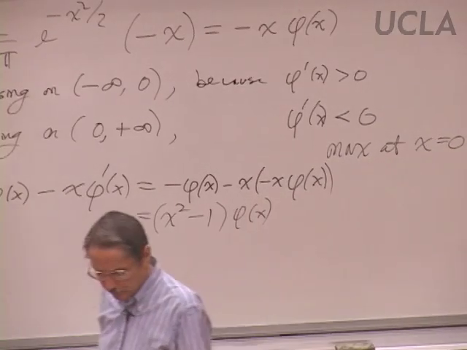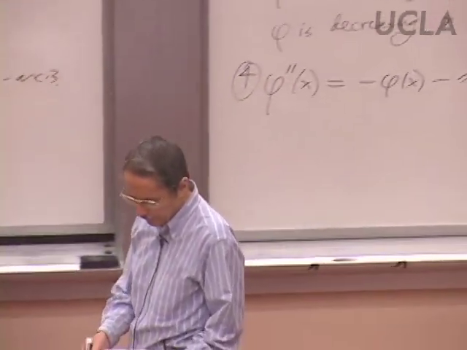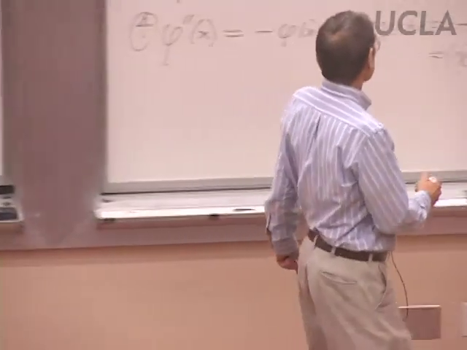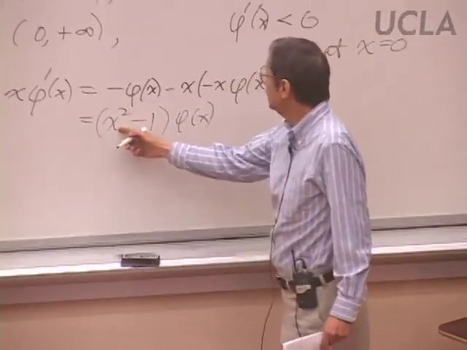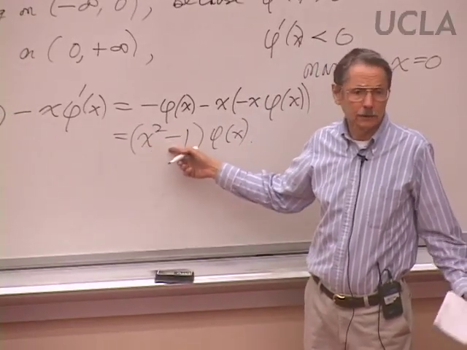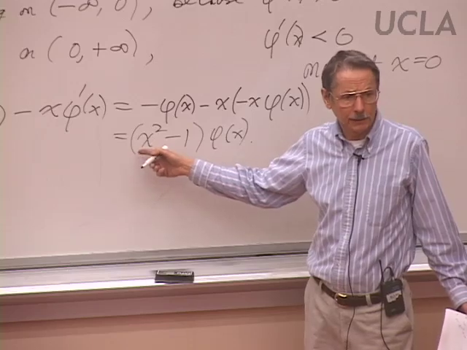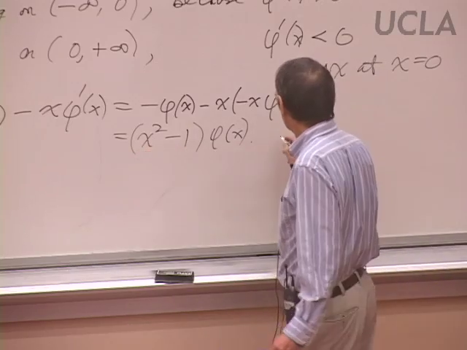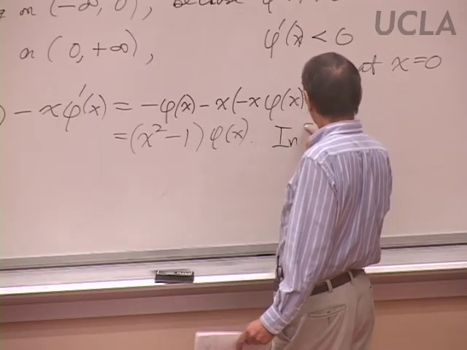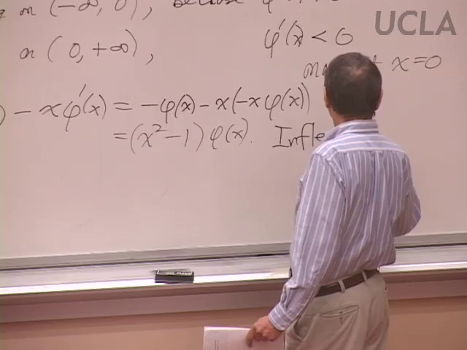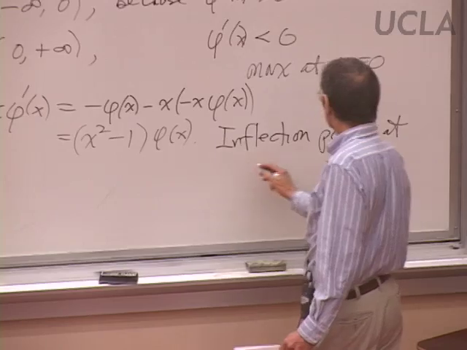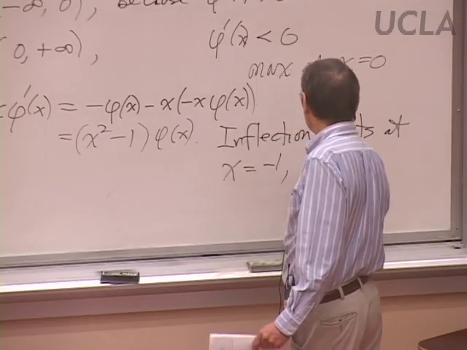Well, we know where that's positive and negative. In particular, it's going to be 0 when x squared minus 1 is 0. It changes sign, both at plus 1 and minus 1. So the graph has these inflection points at minus 1 and at 1.